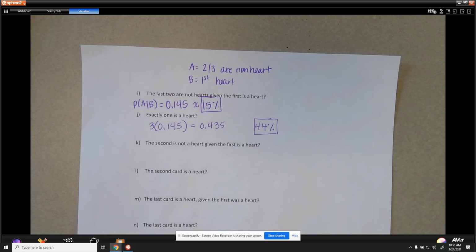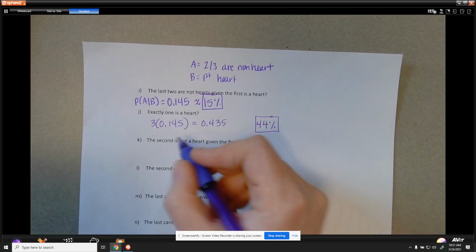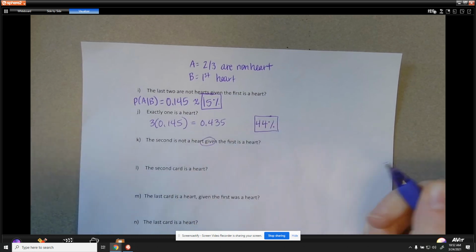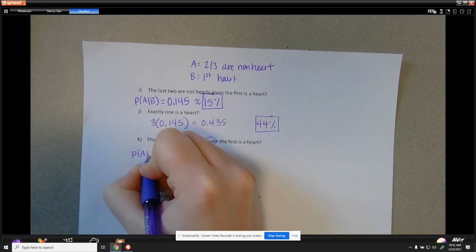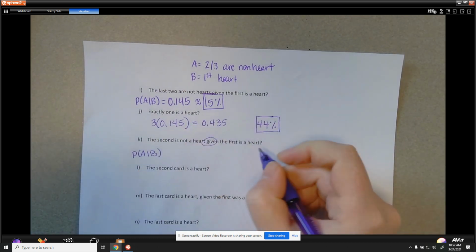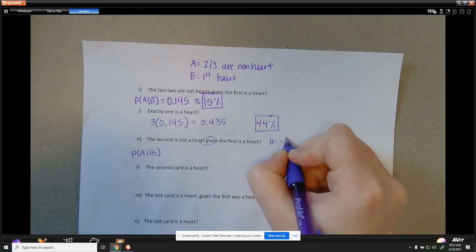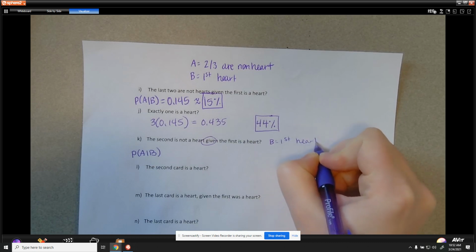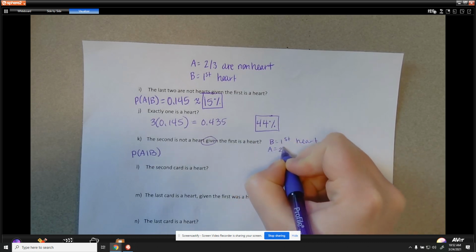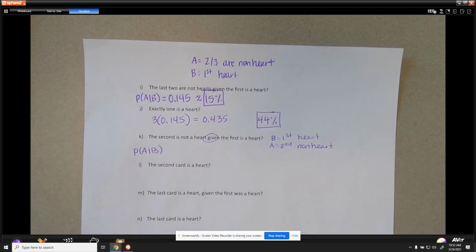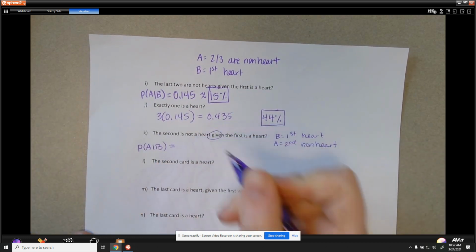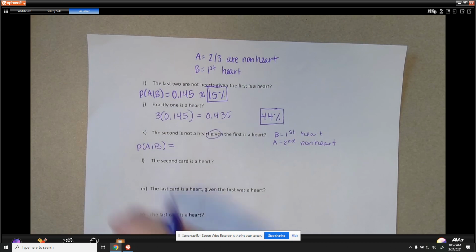All right. The second is not a heart, given that the first is a heart. So if the second is not a heart, let's see. Then if this is a given, so this is another probability of A given B. B is the probability that the first is a heart. And then we want A as the second is non-heart. All right, so we would multiply those probabilities.